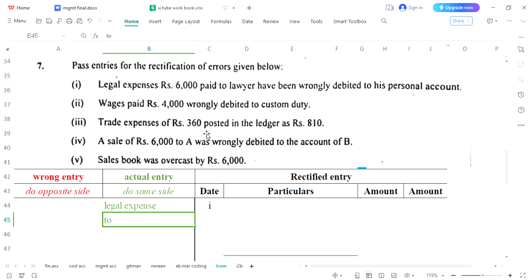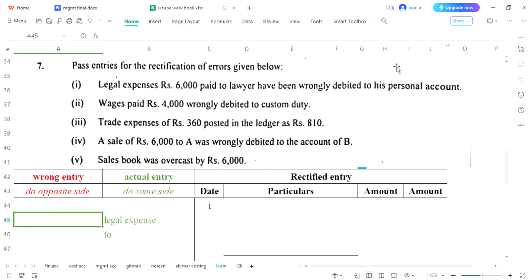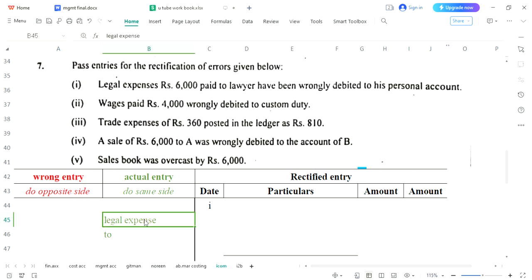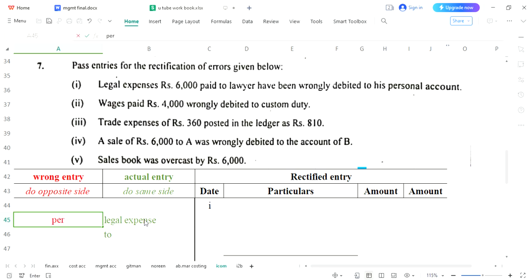Now the next which you will see is wrongly debited to personal account. What does that mean? Instead of writing legal expenses on debit, they have by mistake debited the personal account.